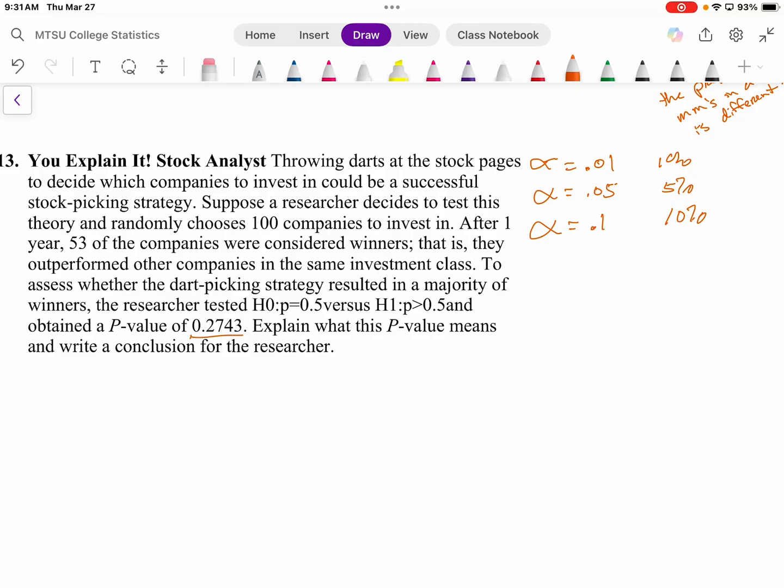So it really didn't matter that they didn't tell us an alpha, because the three most commonly used alphas, our p-value is way bigger than them. And so in that case, I'm going to be failing to reject. In all of these cases, we do not have convincing evidence.